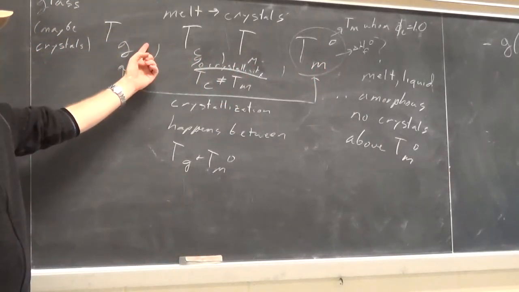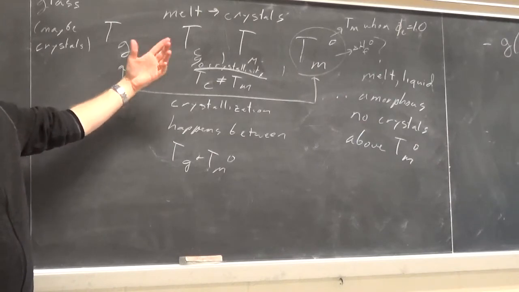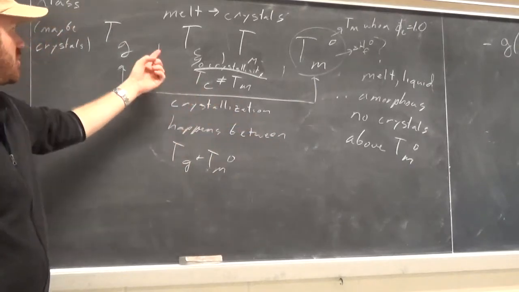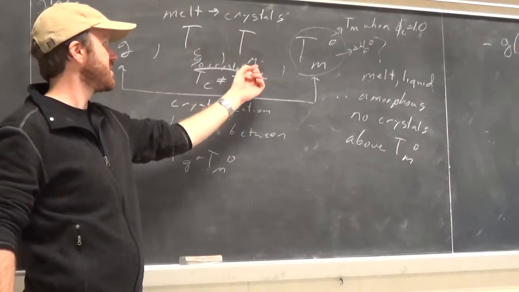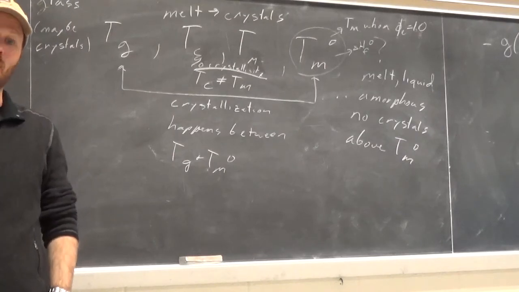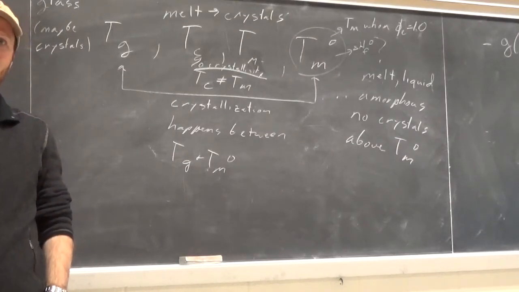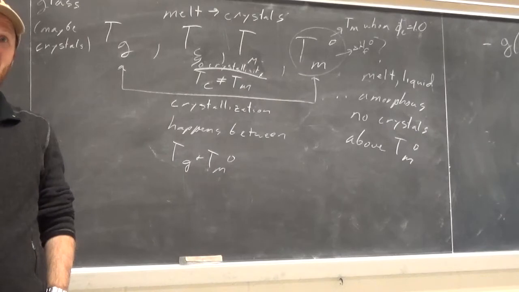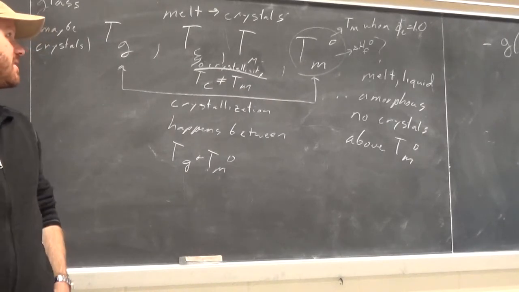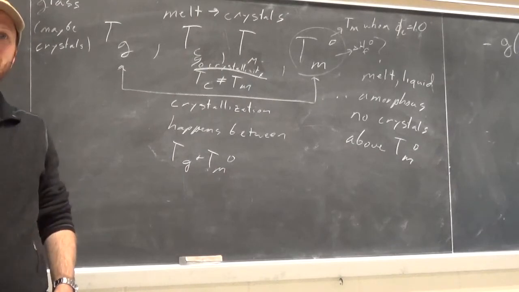If TC is very close to glass transition temperature, I'm not going to form very many crystals because the polymer is starting to move slowly. And so the melting point of the crystals is going to have something to do with the percent crystallinity. If you wait and allow the polymer to crystallize more, you get a little bit higher TM. If you just form really small crystals, you have lower TM.